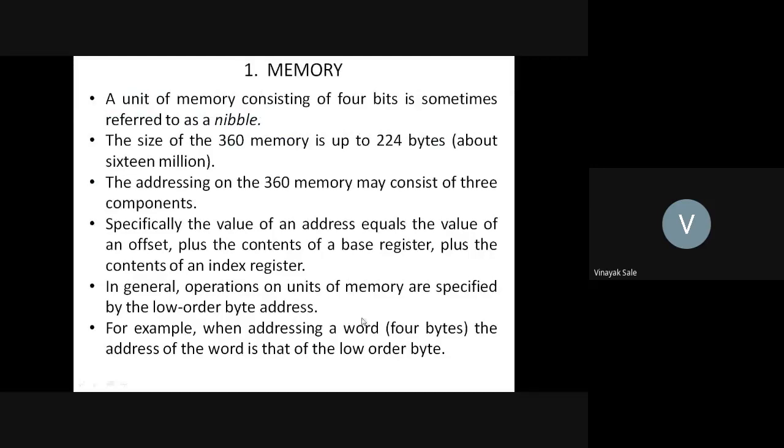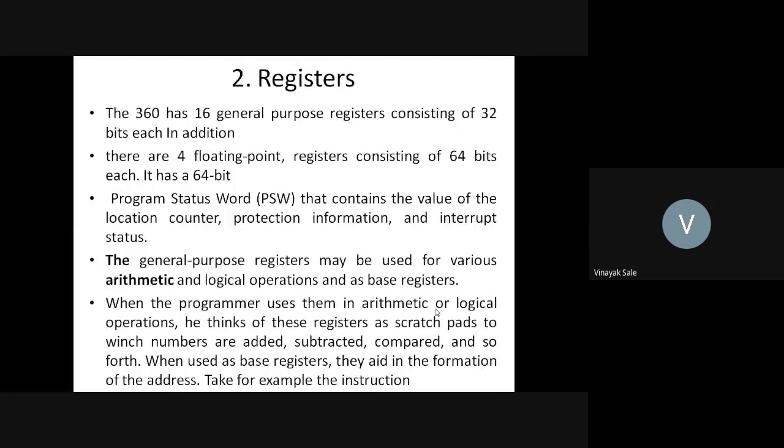So in general operations, units of memory are specified in low order byte address. When addressing a word that is 4 byte, the address of word starts from the low order byte. Then next part is a register.